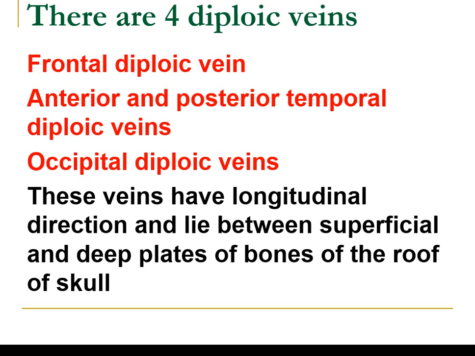There are four diploic veins: the frontal diploic vein, anterior and posterior temporal diploic veins, and the occipital diploic vein. These veins have a longitudinal direction and lie between the superficial and deep plates of the bones of the roof of the skull. The skull has the base and the calvaria, or roof.